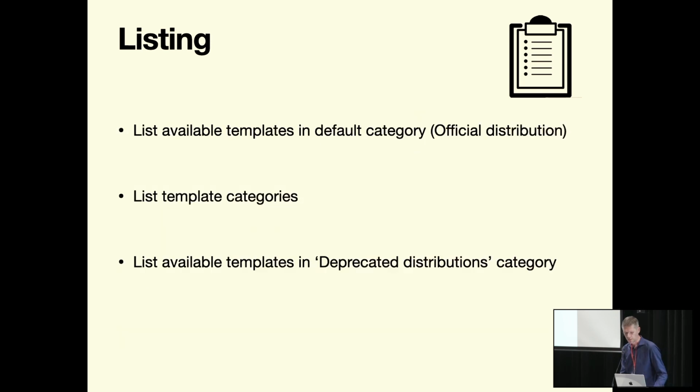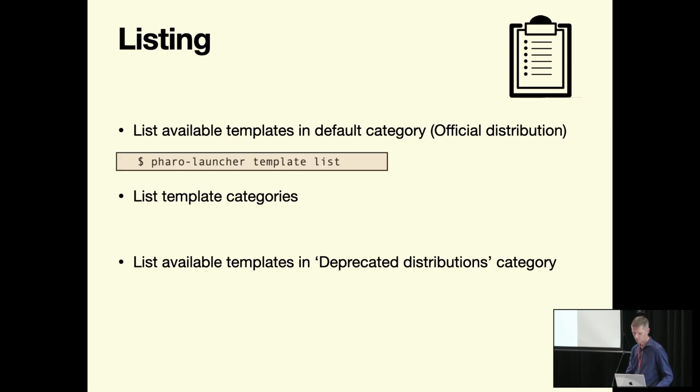Now, more interesting: how can I list available templates in the default category? There are a lot of different templates, so they are sorted in different categories. The most used categories are in the official distributions. The default category is already selected, so you only do faro launcher template list.